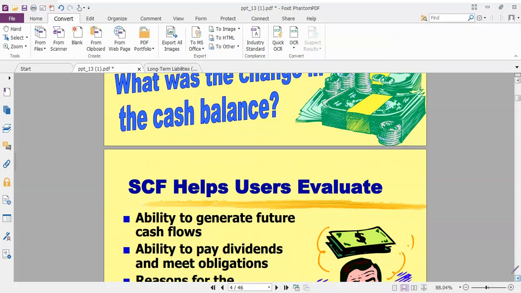SCF stands for statement of cash flow, right? By using the cash flow, it helps users. Who are the users? Did you remember? You can revise back on ACD101.